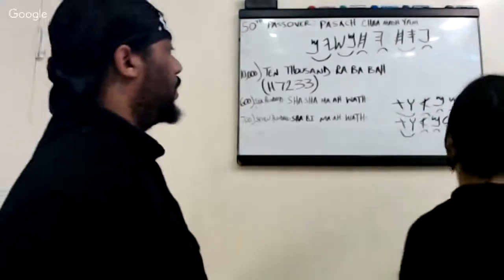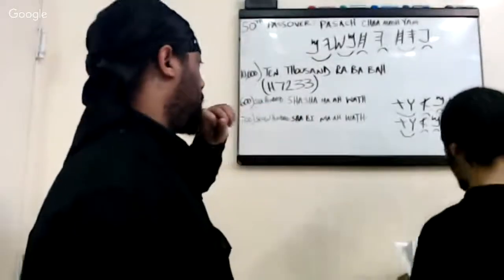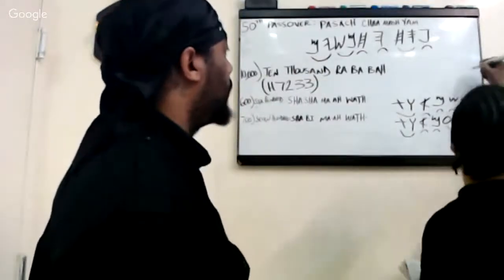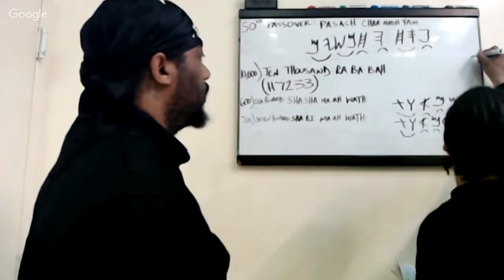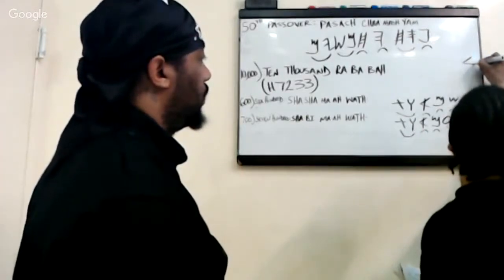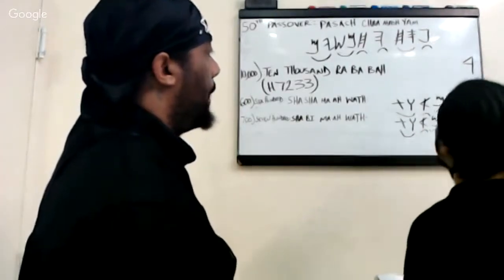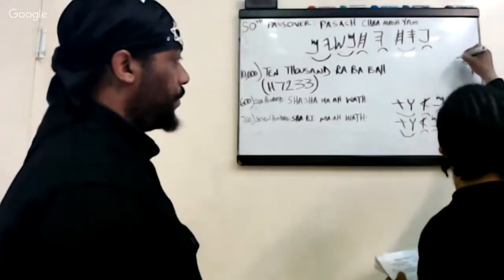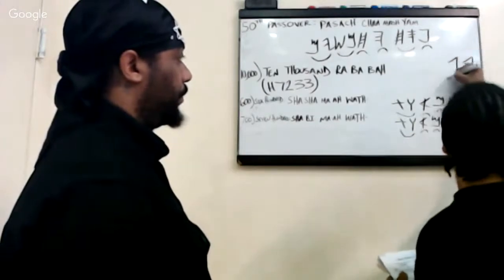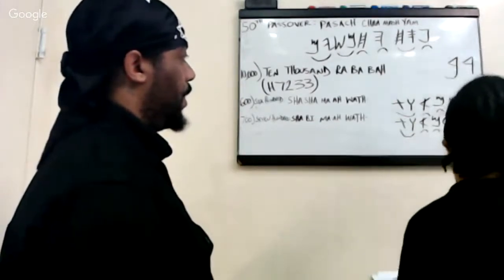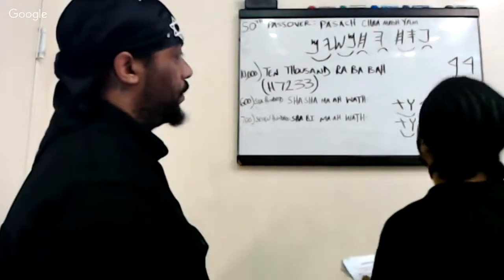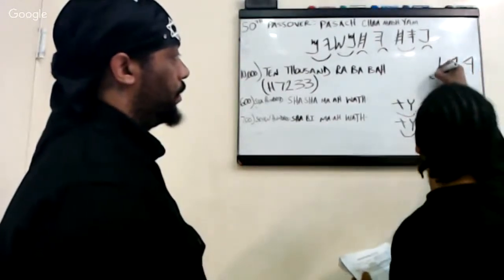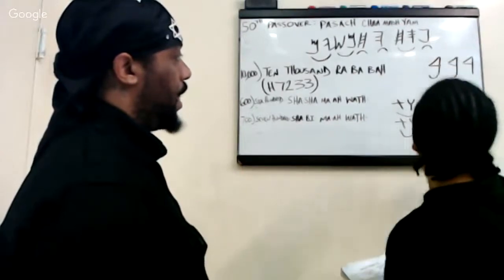Okay, now, you want to write it out in ancient Hebrew print. We're going to put Ra, good. Ba, Ba, Ha.